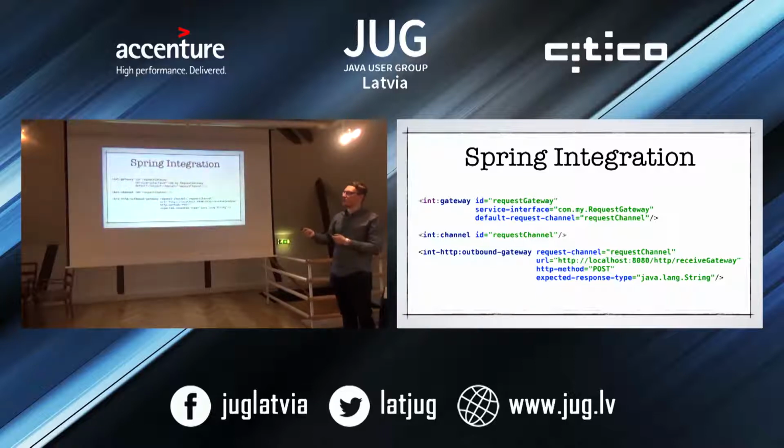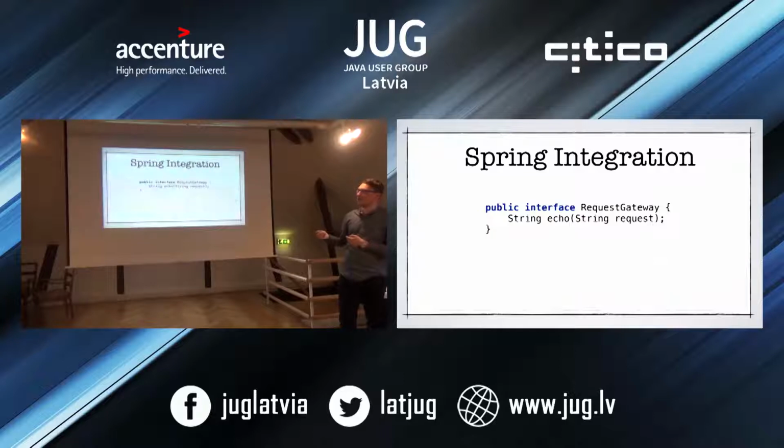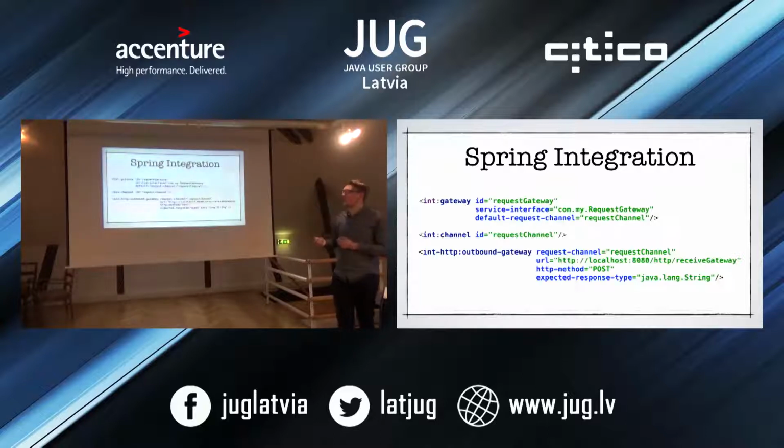We have a request gateway interface like this, and it has a method that takes a string request and responds with a string. Here, in configuration, we say what this method does. And here, it is actually an HTTP call with a POST method on this given URL.